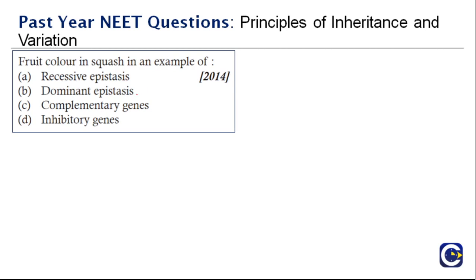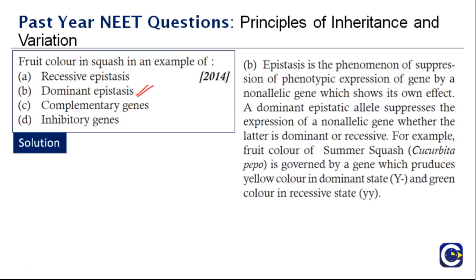It is dominant epistasis. Epistasis is the phenomenon of suppression of phenotypic expression of a gene by a non-allelic gene, which shows its own effect. A dominant epistatic allele suppresses the expression of a non-allelic gene, whether the latter is dominant or recessive.